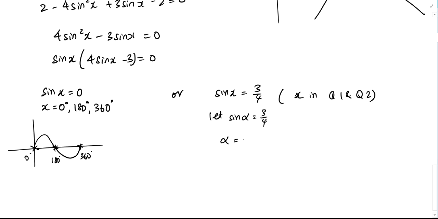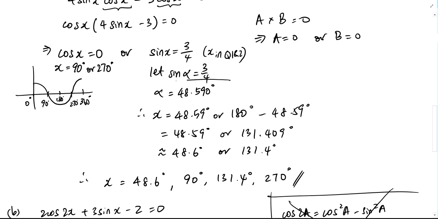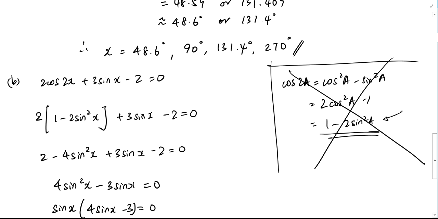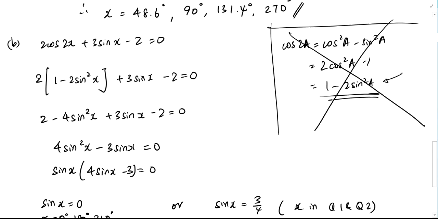So again, we get our basic angle alpha, which seems really familiar. Sine alpha is 3 over 4. It's the same. Okay, so alpha is 48.590 degrees. So here we have x to be 48.59 again, or 180 minus 48.59. And our values were 131.4.